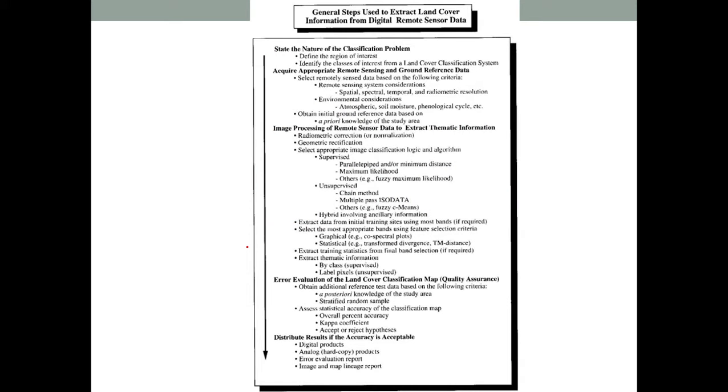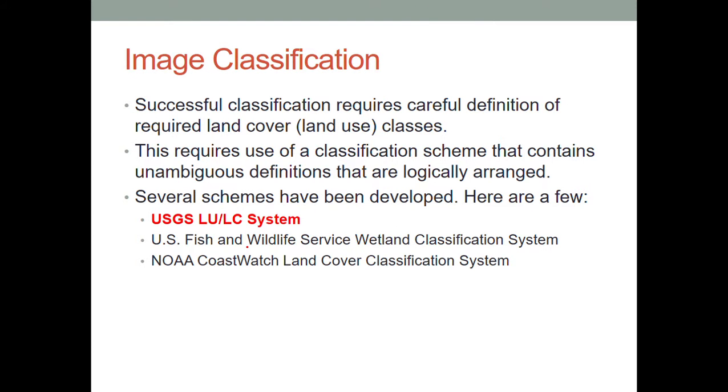Okay, so these are the general steps used to extract land cover information from digital remote sensing data, from the start of the classification problem until the processing, and of course evaluating errors, and then creating maps, right? Successful classification requires careful definition of the required land use classes, which requires the use of classification schemes that contain unambiguous definitions that are logically arranged, right?